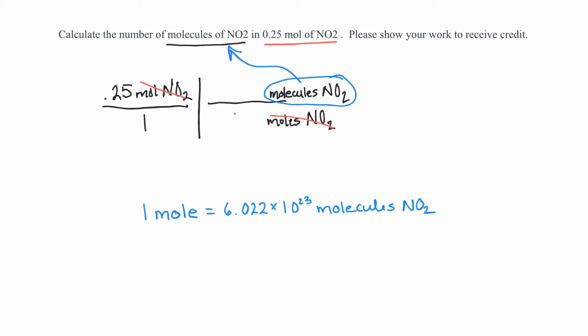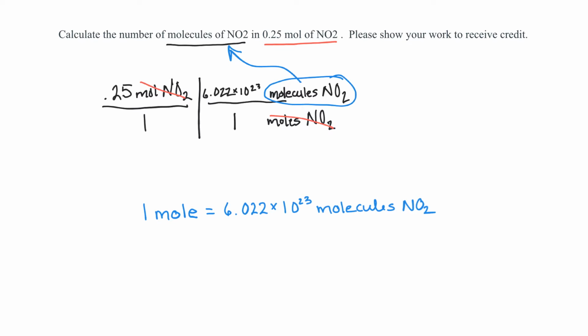1 mole is equal to 6.022 times 10 to the 23rd. And then you're just going to multiply through 0.25 times 6.022 times 10 to the 23rd.